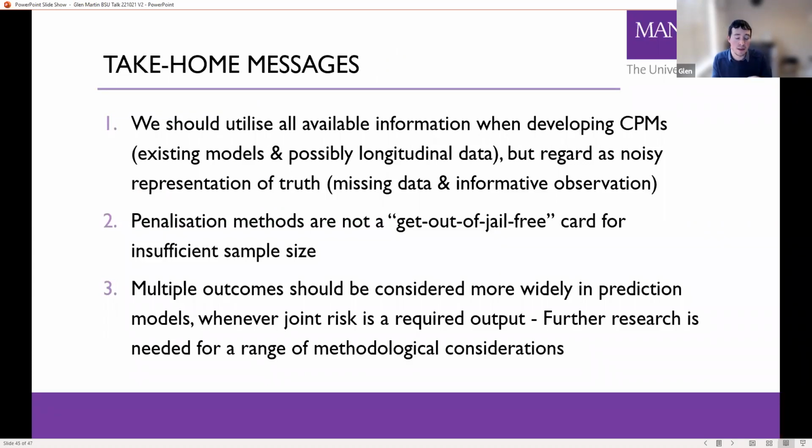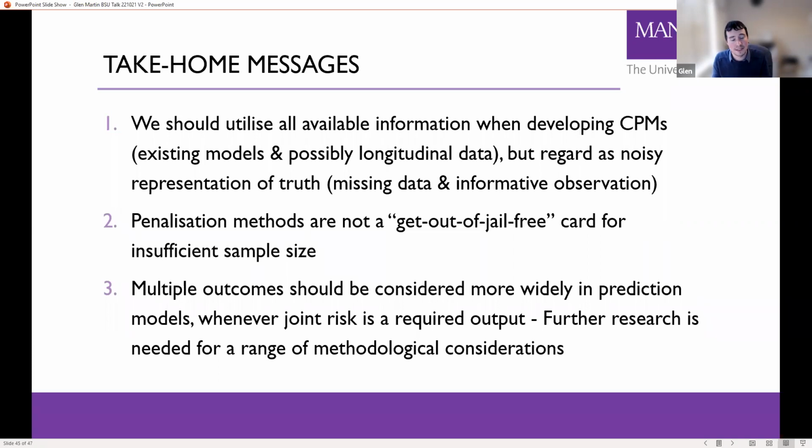By that, I mean both existing models that have been published and possibly longitudinal data. But we should respect the fact that both of those things are a noisy representation of the truth. We have the issue of missing data in the case of existing prediction models, and we also have this idea of informative observation when we're looking at longitudinal data.